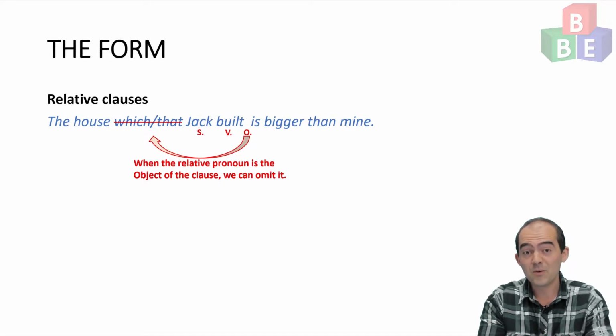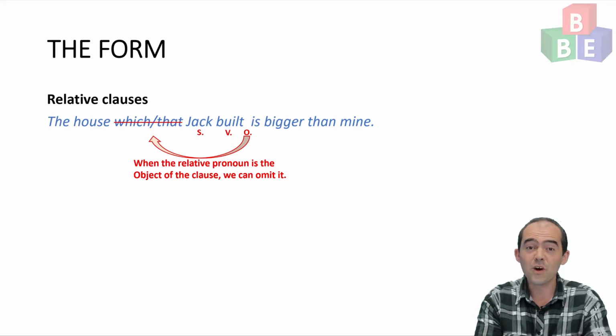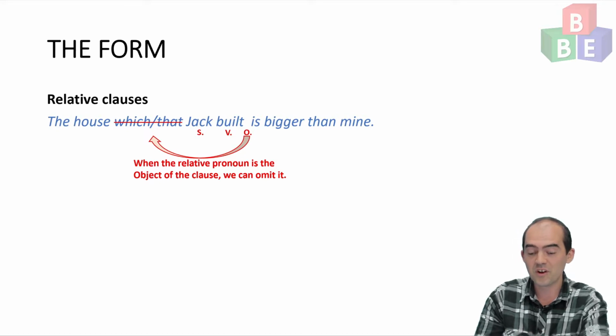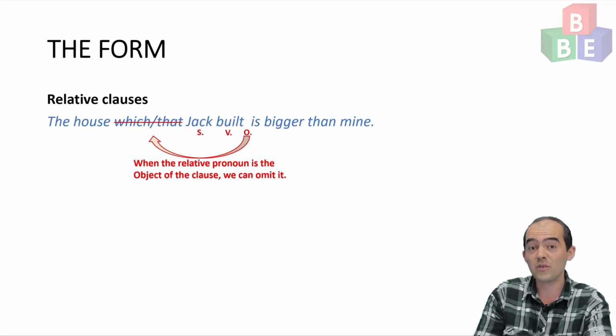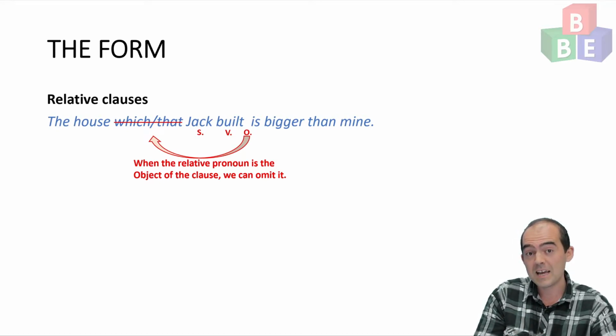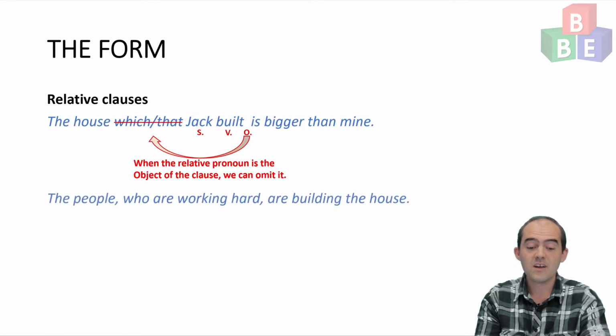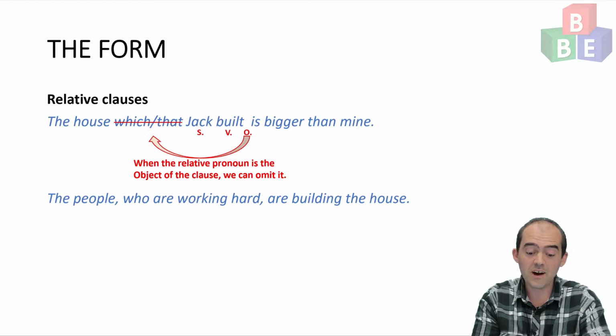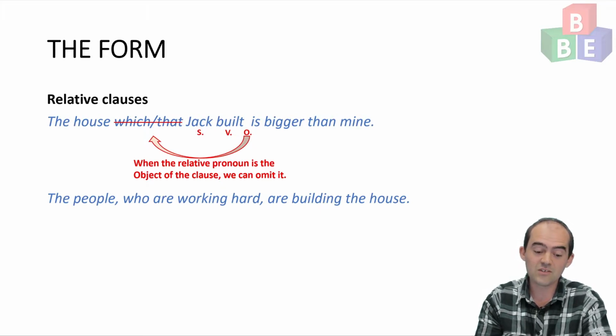So, we're familiar with the concept of omission already, but there are other ways we can make the relative clause smaller or reduce the relative clause. And we can do this by omitting the pronoun and an auxiliary be. For example, the people who are working hard are building the house.